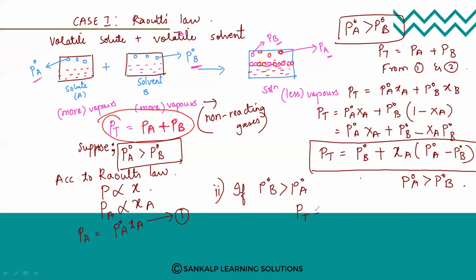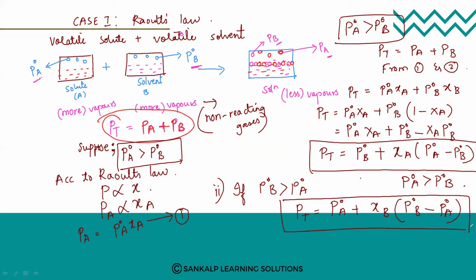So PT will be equal to P naught of A plus chi of B into P naught B minus P naught of A. You can suppose and take any one. Whichever you are studying, study one only. Don't get confused between the two. Study only one case, and similarly you can apply it to the other.